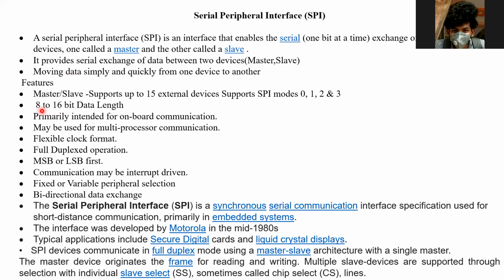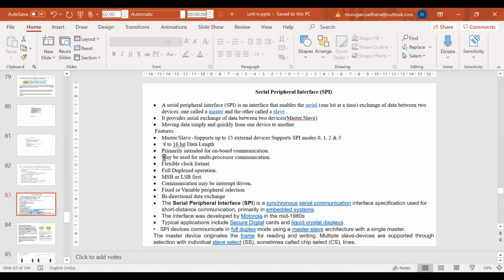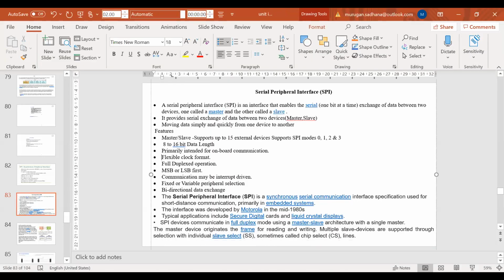Okay. So the data will be, I told you, 8 to 16 bit. Actually, in the extended version, 16 bit is there. And mainly multiprocessor communication is not there. Actually, the problem is we have a single processor only.